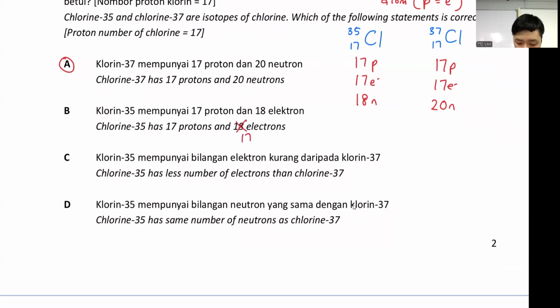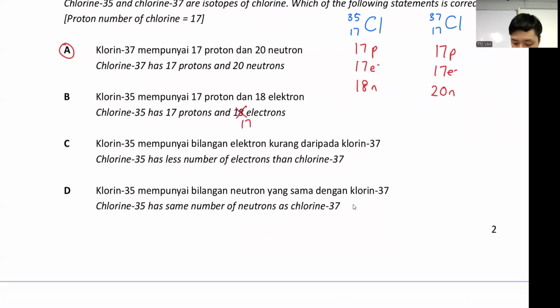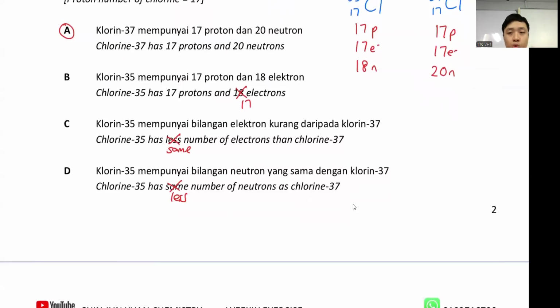Chlorine 35 has fewer electrons than chlorine 37? No, supposed to be the same. Same number of neutrons? No, it's a lesser number of neutrons. Just go through.